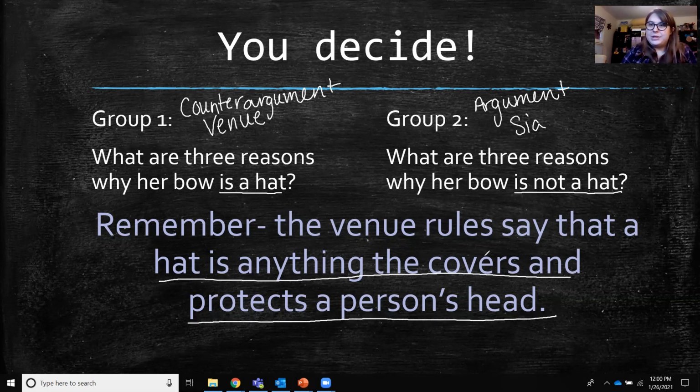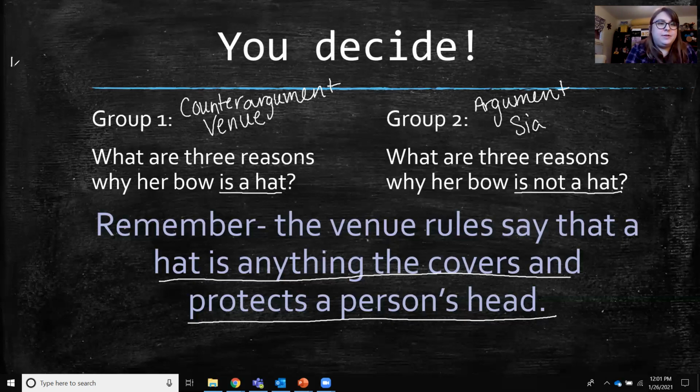So we want to think like a lawyer, and that means we need to think about what is actually being said here. So I'm going to think about the definition that we use in order to come up with my reasons. I'm going to start with my first group. So this was my argument if I was arguing for the venue, the counter argument here, that her bow is a hat.